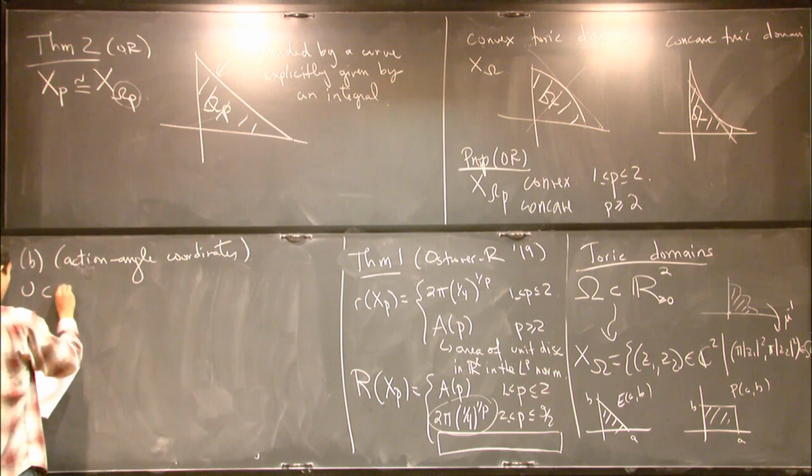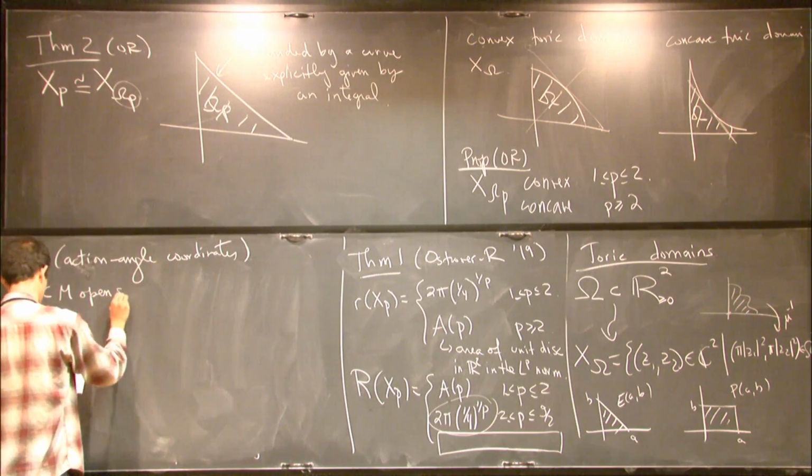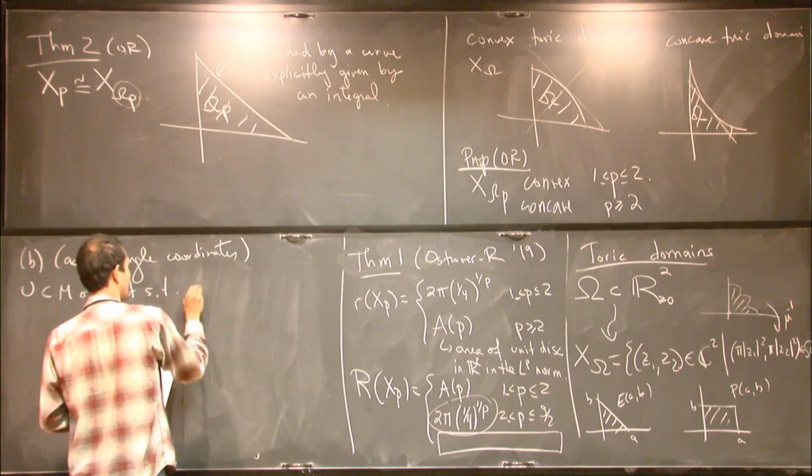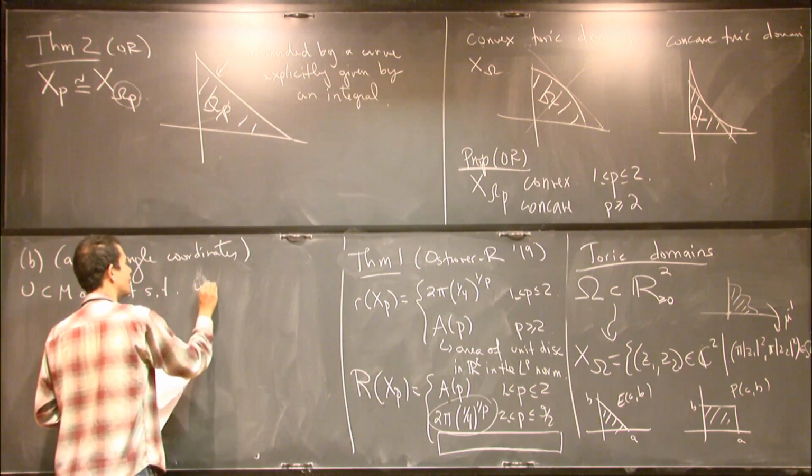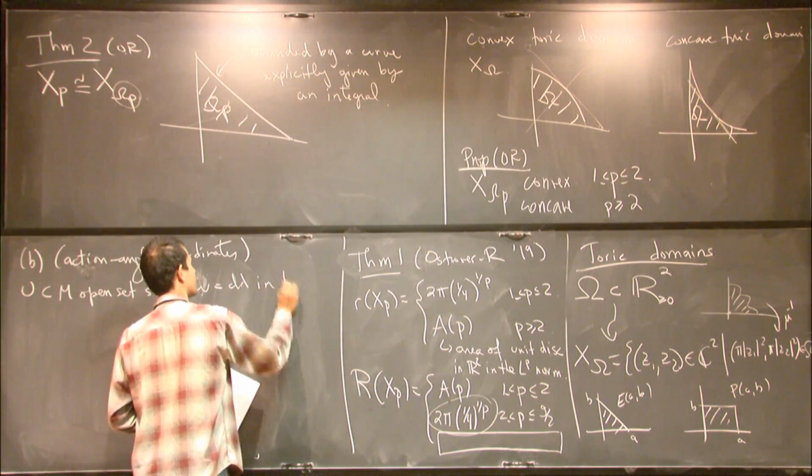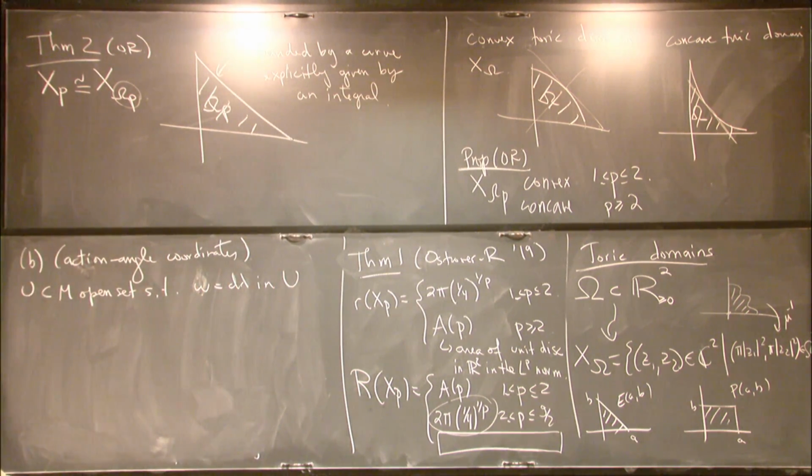So consider an open set such that omega is exact in this open set. Well, we can always find a small enough open set such that this is true.